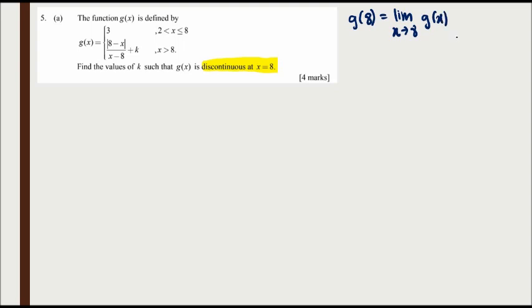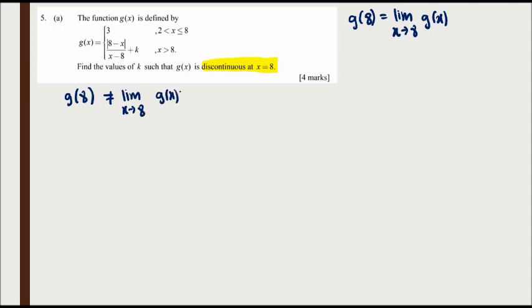So this is when it is continuous. Now we are looking for when it is discontinuous, meaning the equation we are looking for is g of 8 is not equal to the limit of x approaching 8 for g(x).